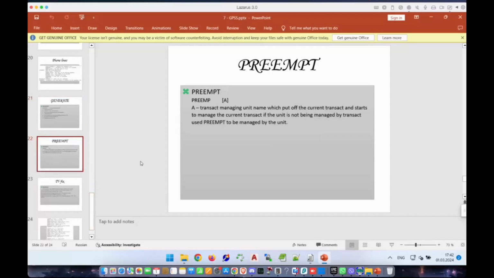So the next thing, instead of seize and enter, we can have the command called preempt. The preempt command pulls aside the transact which takes the slot of the facility or the storage, and it occupies that. And the transact which runs the preempt command occupies that slot.